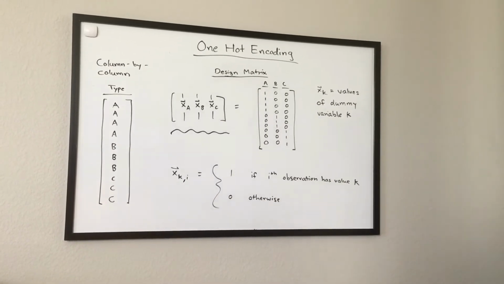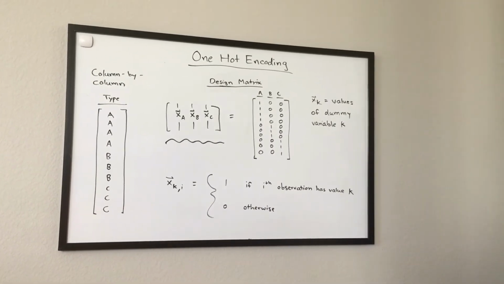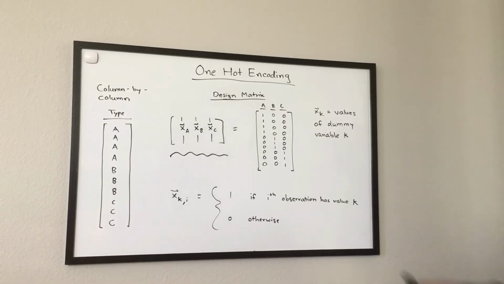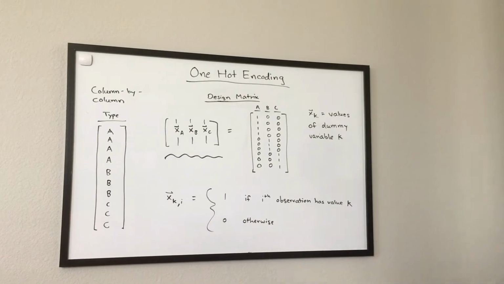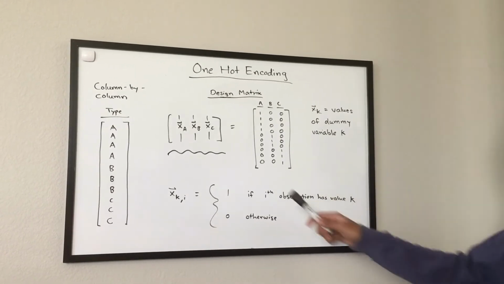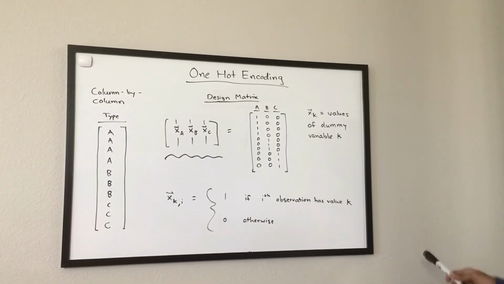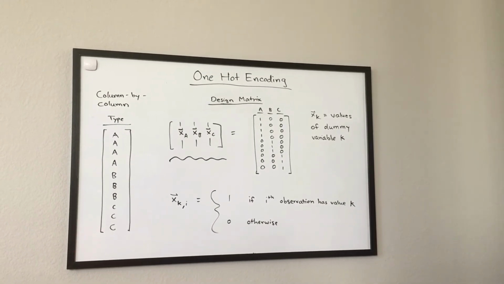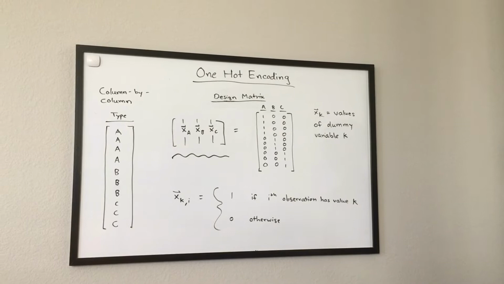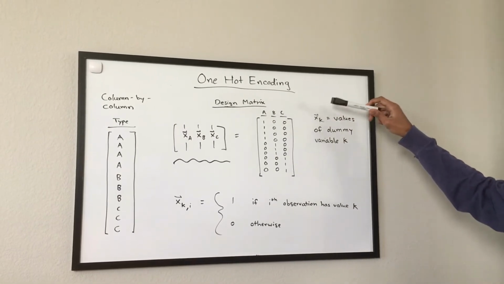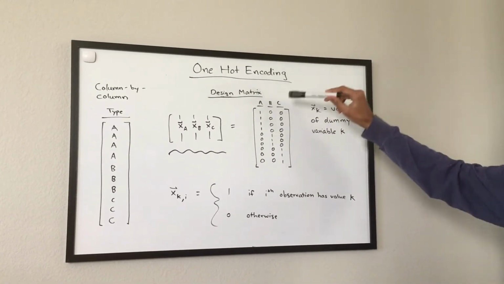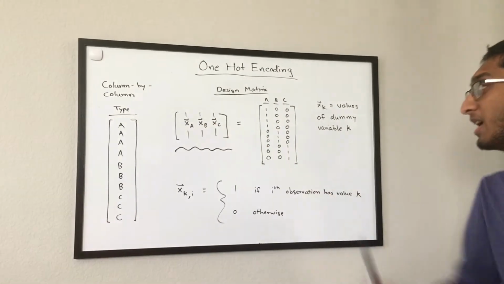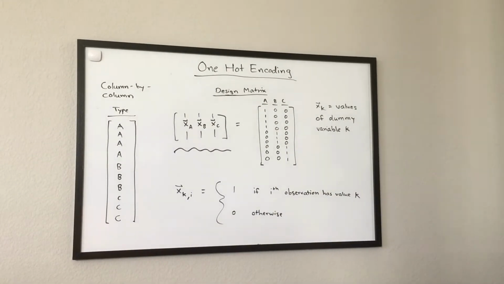We see that if we pick an arbitrary row i of one of these columns, as we did before, the ith value of the column vector x_k is 1 if the ith observation has the value k and 0 otherwise. For example, the first element of the column vector x_a is 1 because the first observation has value a.